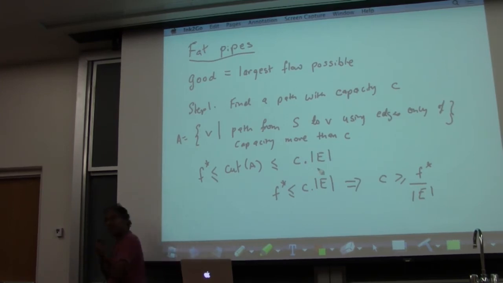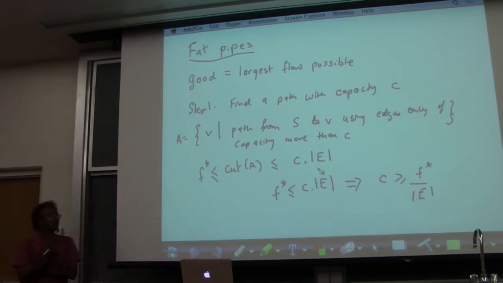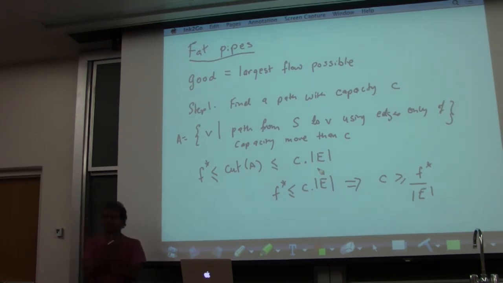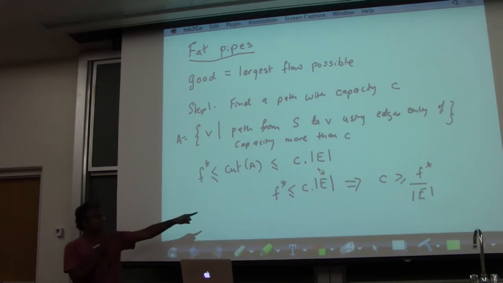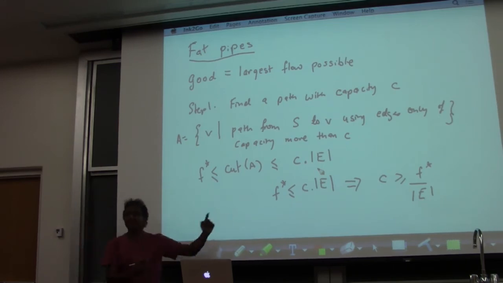In other words, I have just shown to you that if I choose the path that has the largest possible flow that I can push along, any path from S to T in the graph, then this flow I push is a reasonable fraction of the maximum flow value. It's greater than or equal to the true flow divided by something.